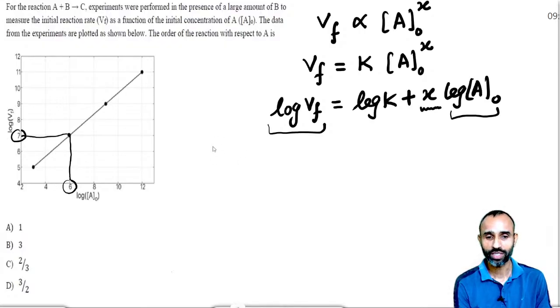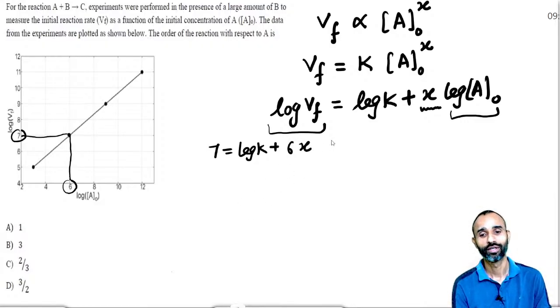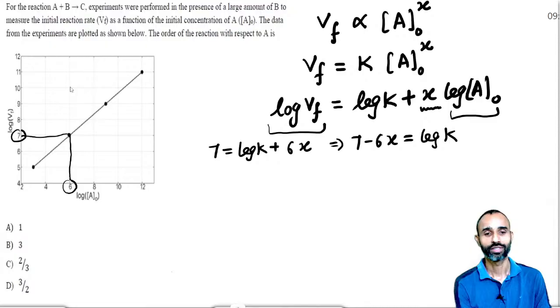So the first equation is 7 equal to log K plus 6x. That implies 7 minus 6x equal to log K, right? Second equation, see, is 11, and on the other side it is 12.